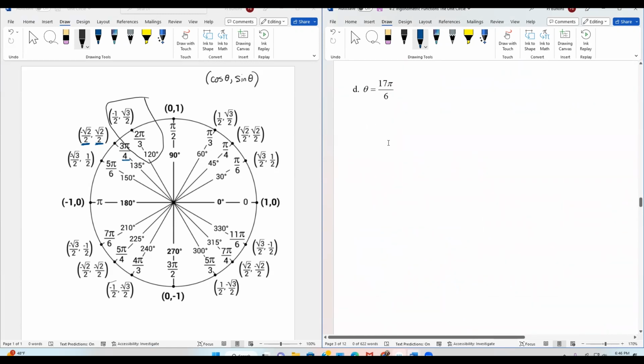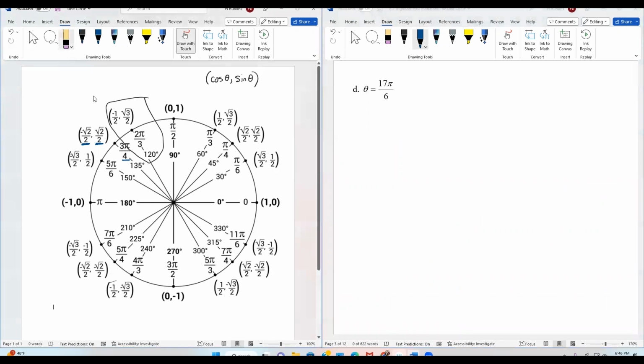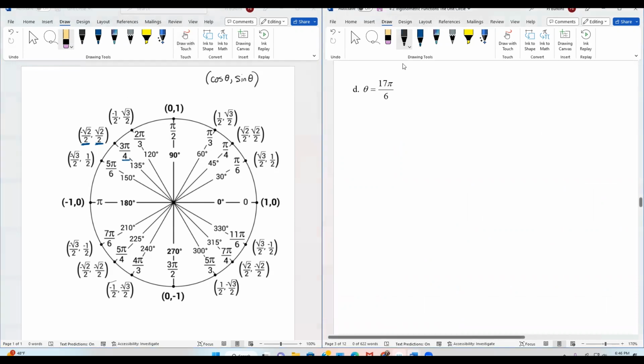This one's 17 pi over 6. So that's not a negative angle. So this time we're going to be subtracting amounts of 2 pi to get our angle that we can use. So I'm going to do 17 pi over 6, and I want to subtract 2 pi, which in terms of sixths is going to be 12 pi over 6. And if I subtract that, I get 5 pi over 6.